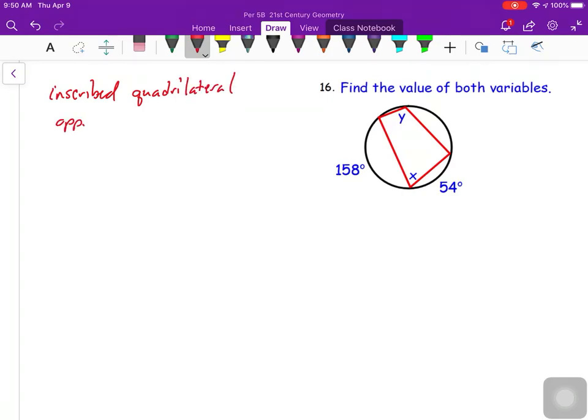Now here we have two things working for us. We have an inscribed quadrilateral. And in an inscribed quadrilateral, the opposite angles are supplementary.